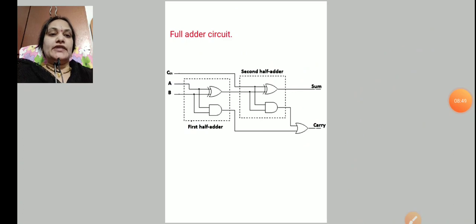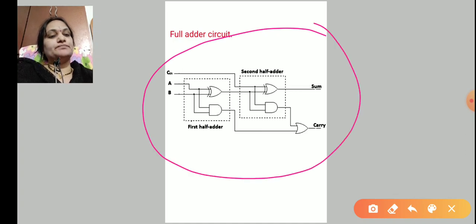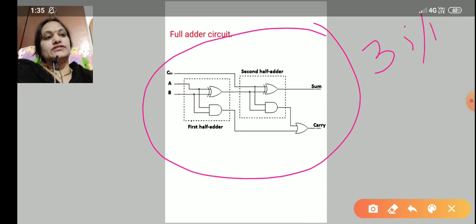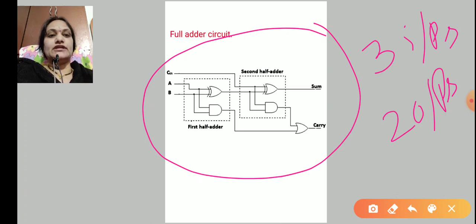Now let me explain the full adder circuit. This is the full adder circuit. Basically, a full adder has 3 inputs and 2 outputs. What is the difference between half adder and full adder?